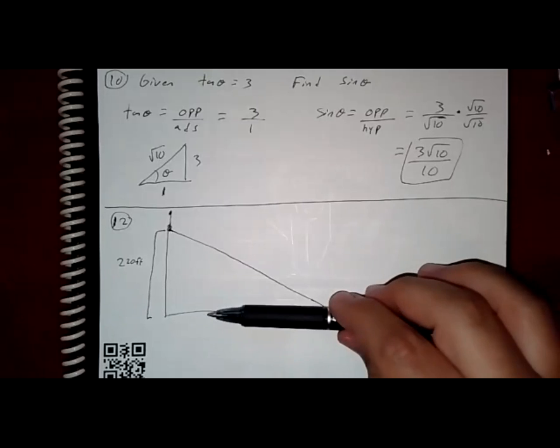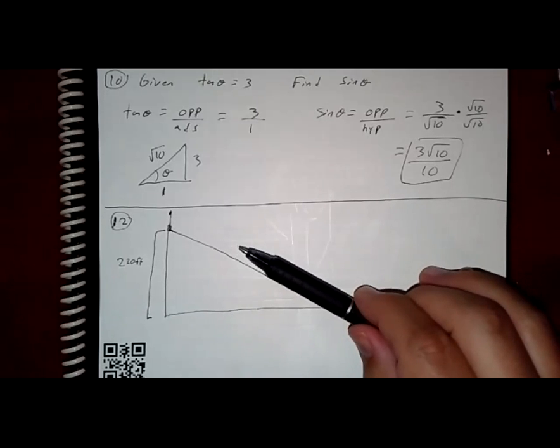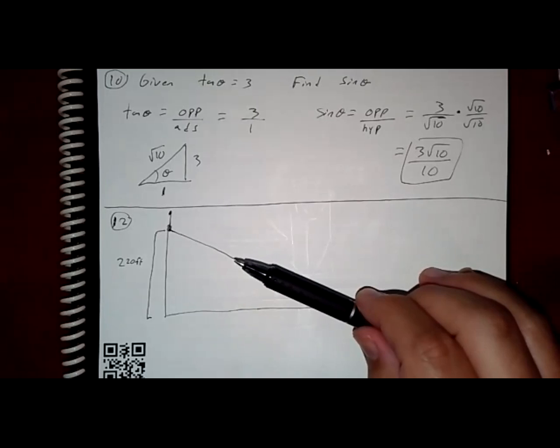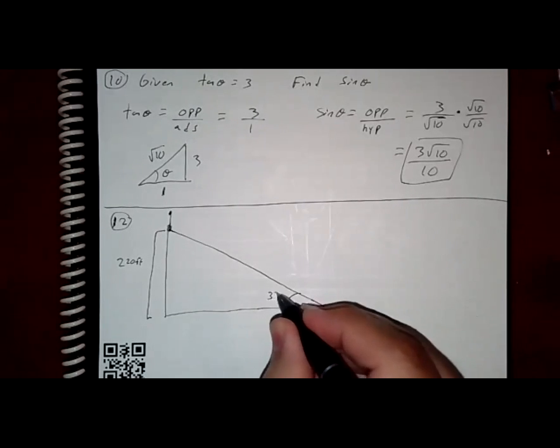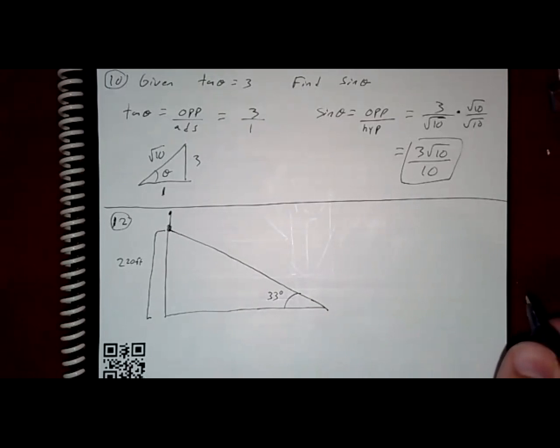But they said the wire is to make a 33-degree angle with the ground. So this is where I'm putting my 33. They did not say how long the guy wire was, correct? No. That's all we got.